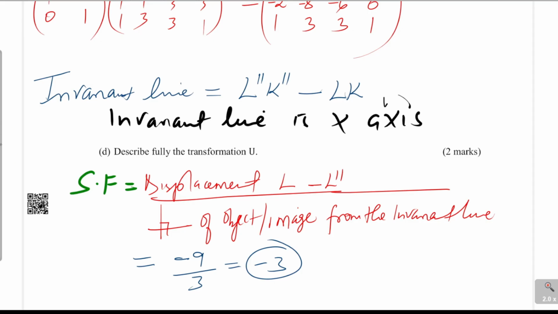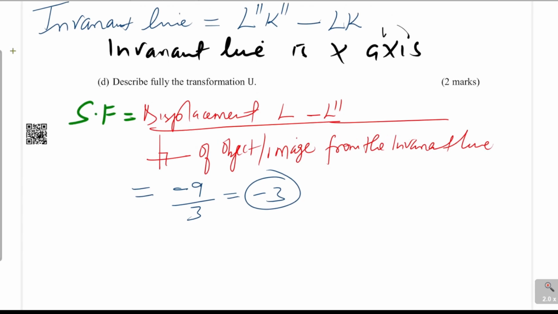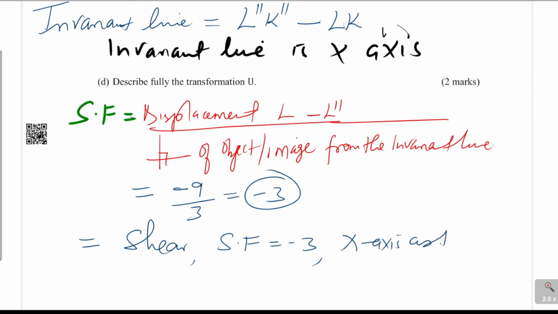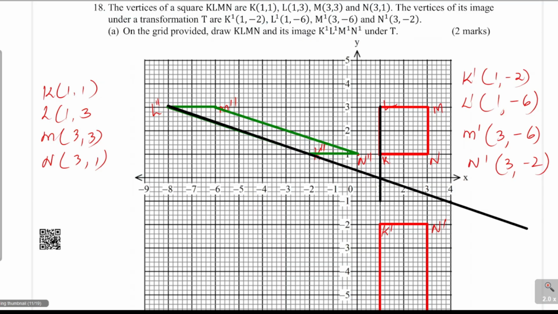Now, to describe the shear fully, this is what you do. You say that this is a shear with shear factor -3 and the x-axis as the invariant line. You are describing a shear fully by stating the shear factor, the invariant line, and then you have to give the object point and the image point. Let's say I'll pick L and L double prime.